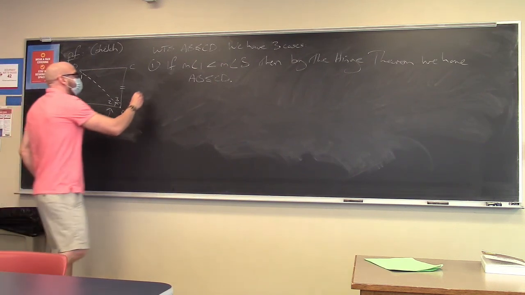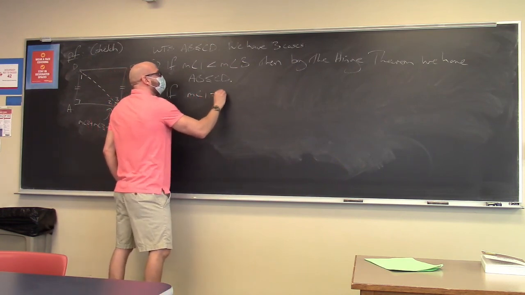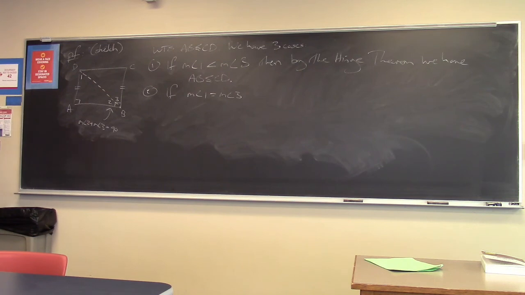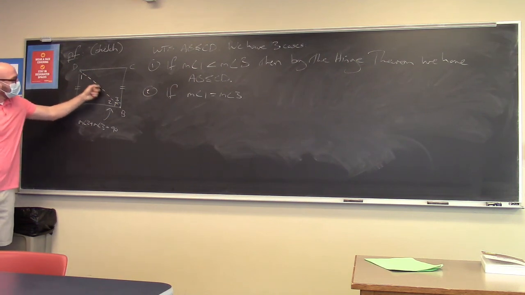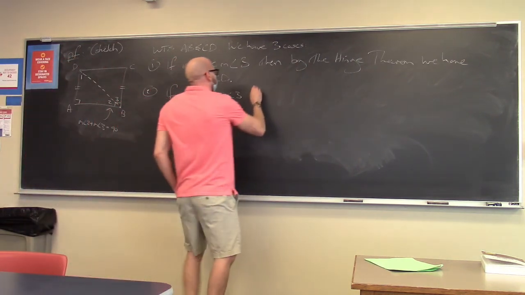How about the second case? If the measure of angle 1 is equal to the measure of angle 3. What happens now? I suppose technically you could invoke the Hinge Theorem again, right? The Hinge Theorem would say they're the same length, but how about instead of invoking such a fancy result, we just go with SAS? These 2 triangles are congruent, so these sides have to be congruent.